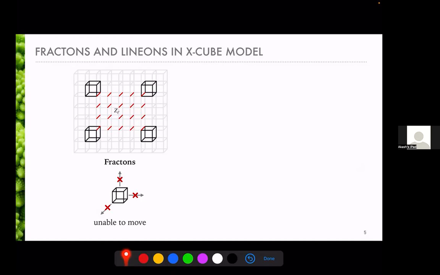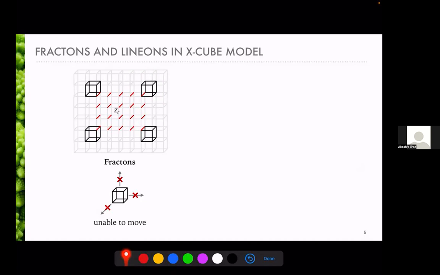So essentially, this excitation here is known as a fracton. In other words, it's basically an excited state of spins in which the Hamiltonian is non-zero, or is at least excited for 1 cube. This is the fracton.